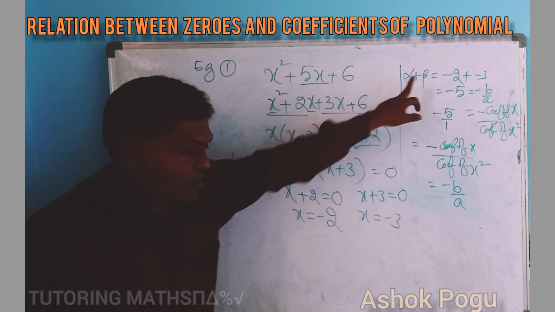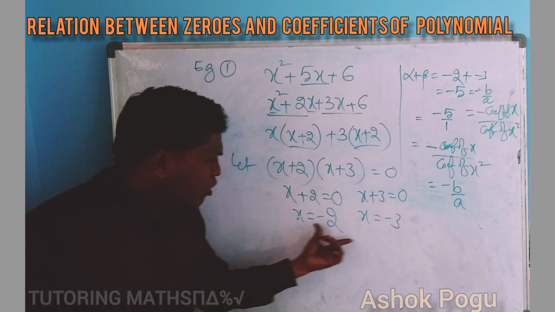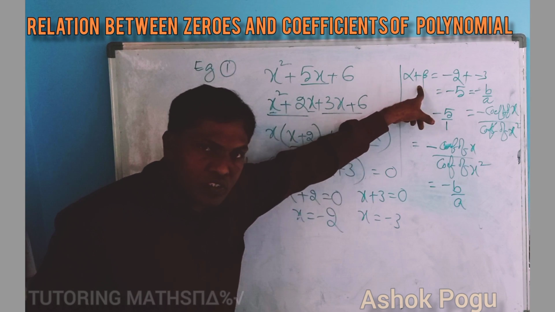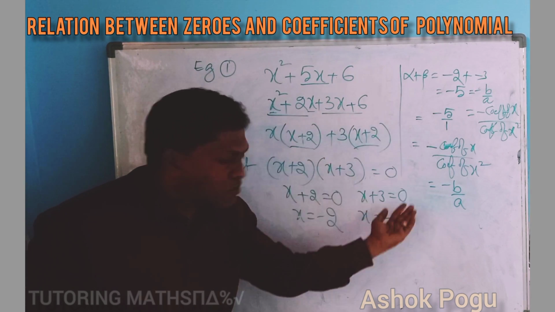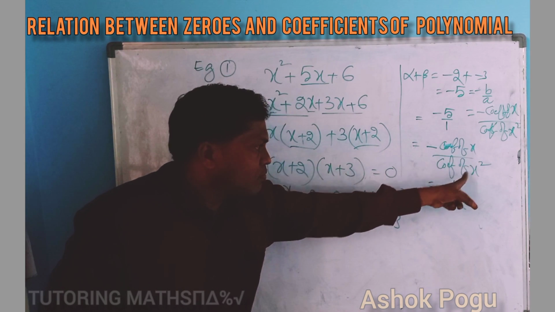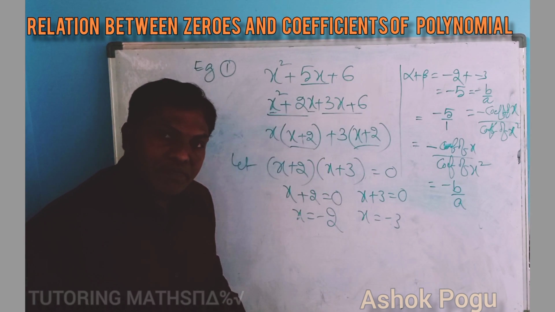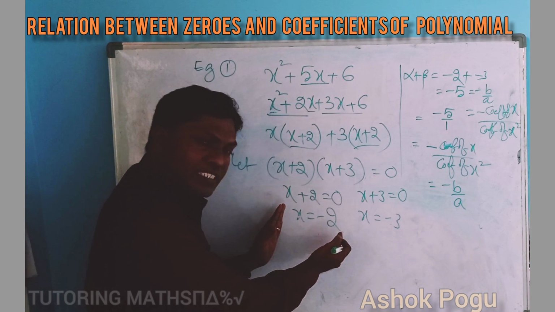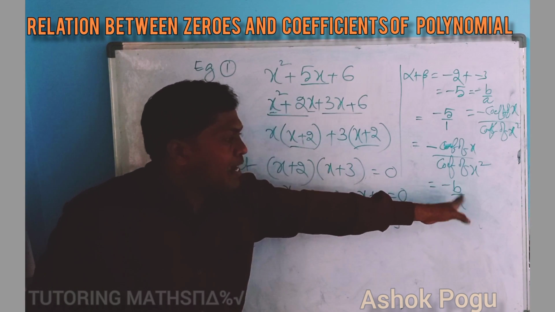We got two zeros and we found the sum of these two zeros, which is equal to minus 5 by 1, and that gives us the formula, minus coefficient of x by coefficient of x square, that is minus b by a. So the sum of these zeros equals minus b by a.